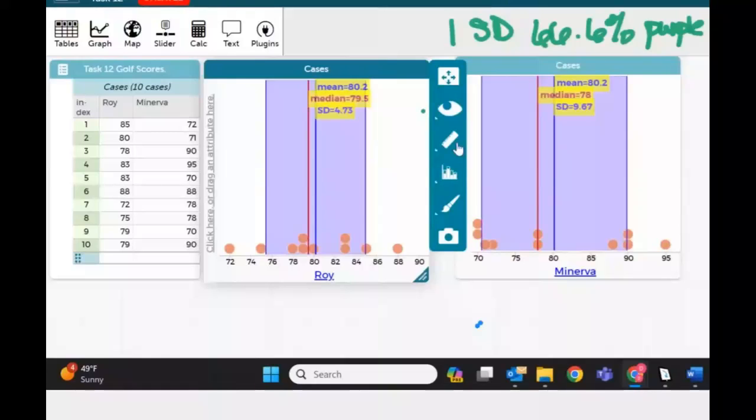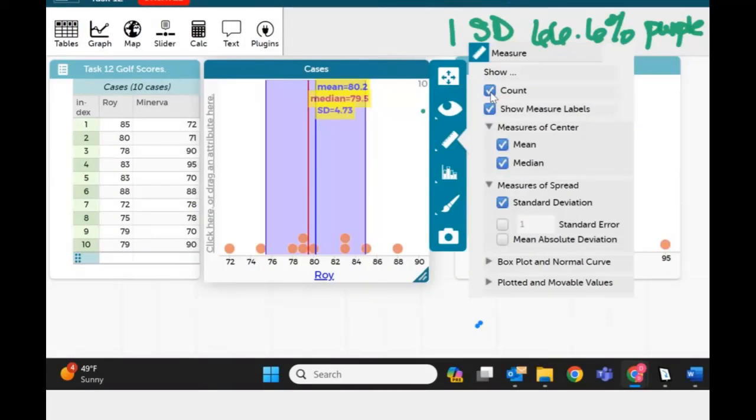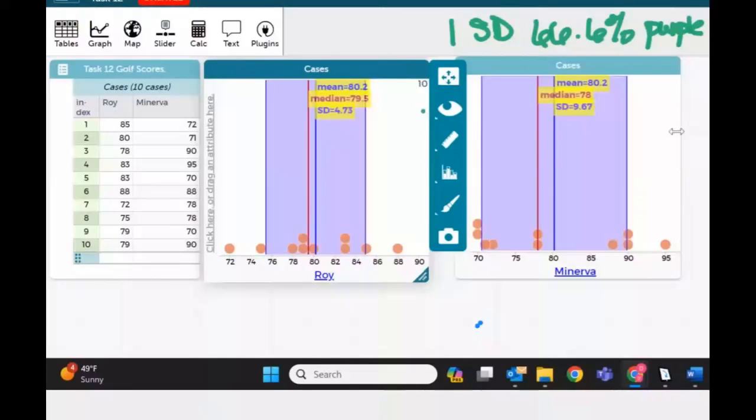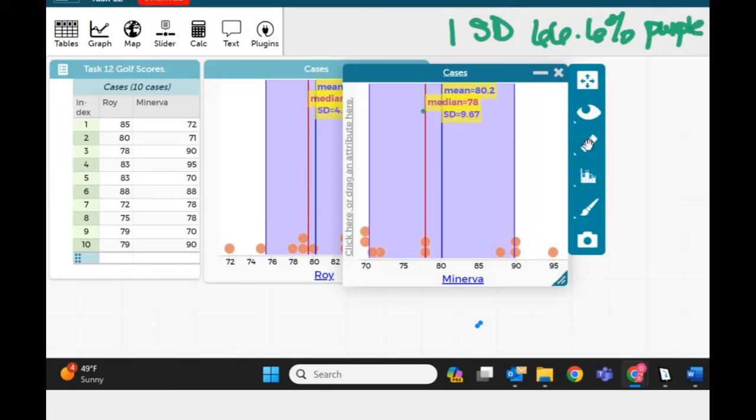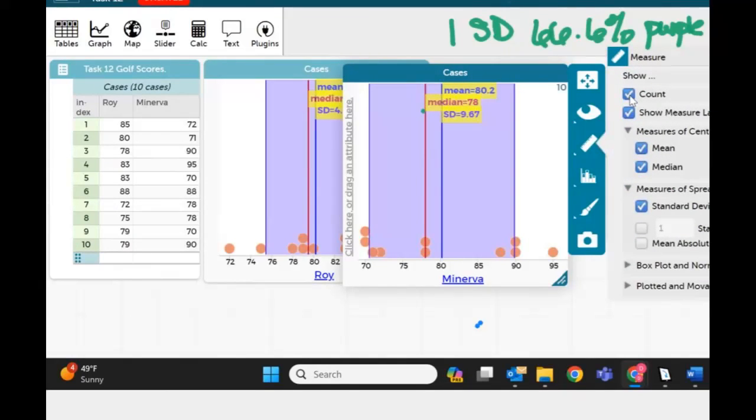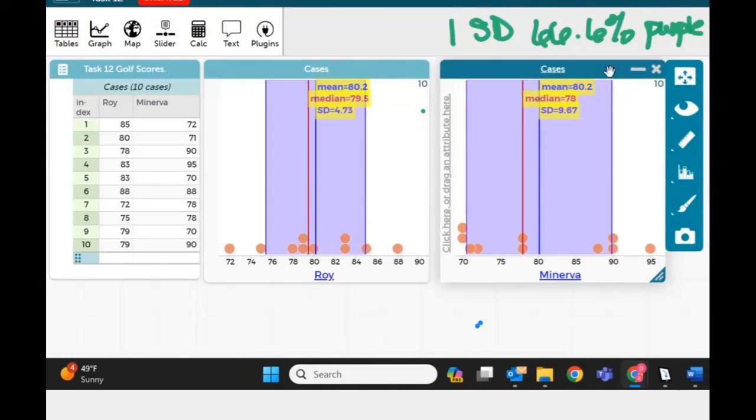Aiden, head up here, please. I can also add count. Count tells you how many scores we had for each one. Each one had 10.